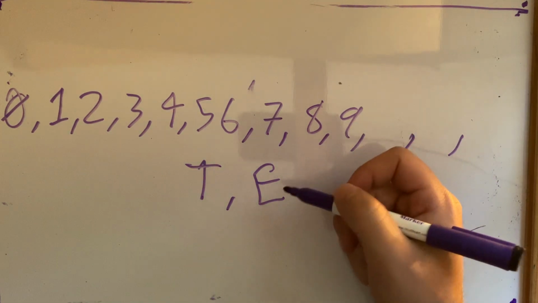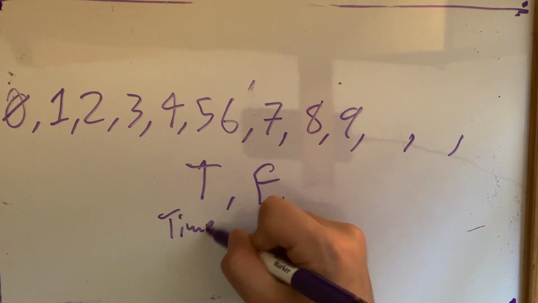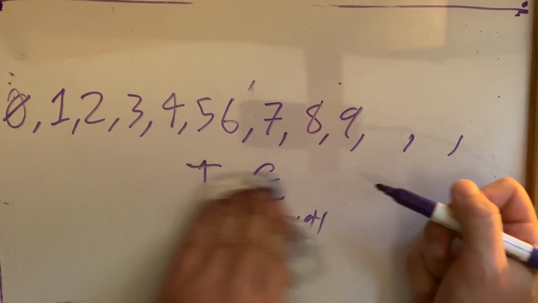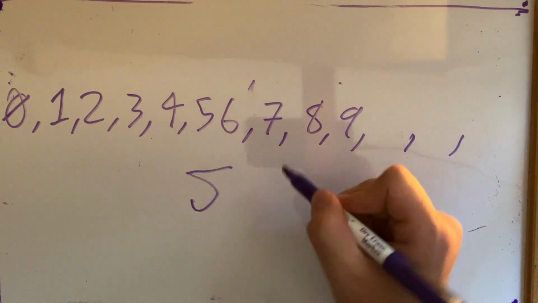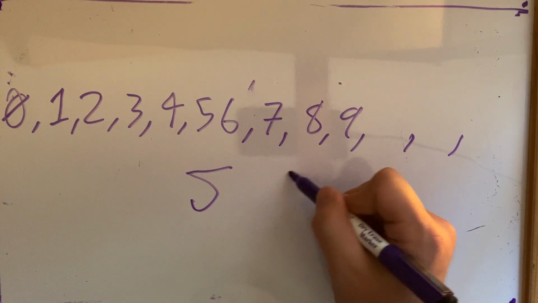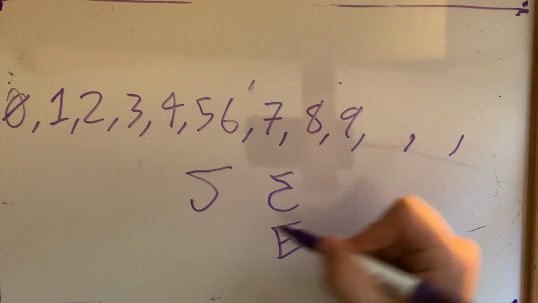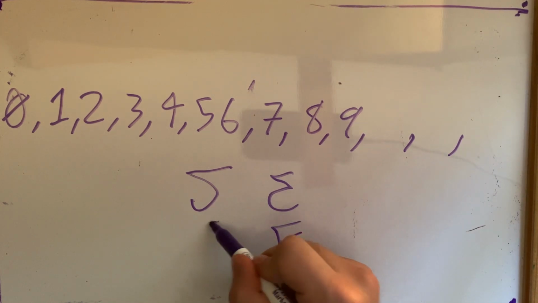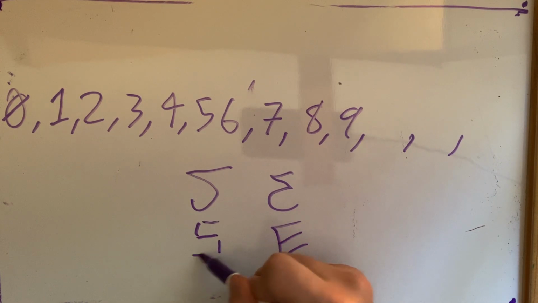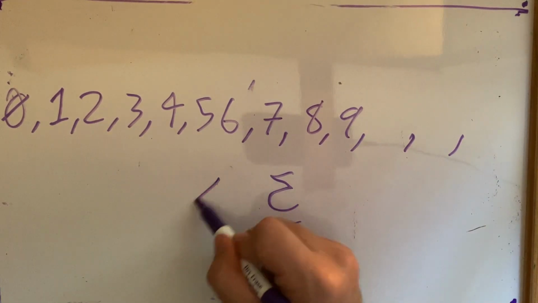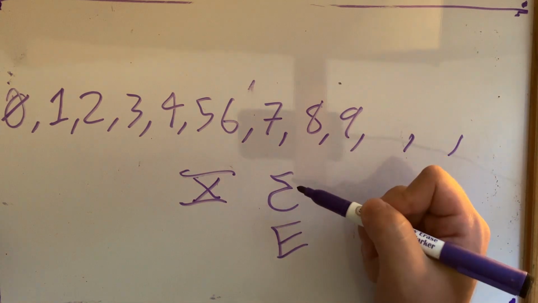So I use T and E, but that could be time, energy. Not the best system. Some people use an upside down 2 and a backwards 3. But this again looks like energy, and that looks kind of like a 5 when you put it in digital time. No? Some people use an X for the Roman numeral 10.